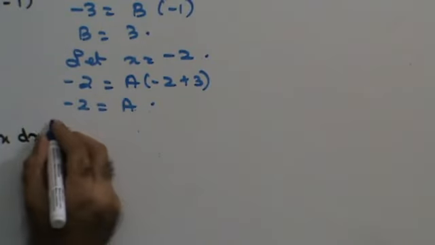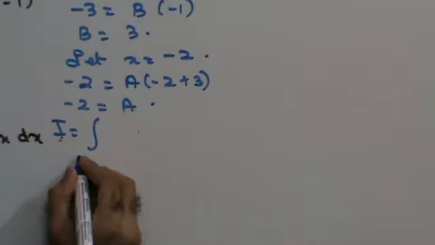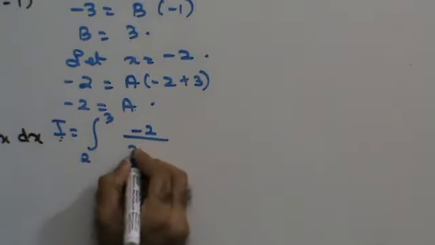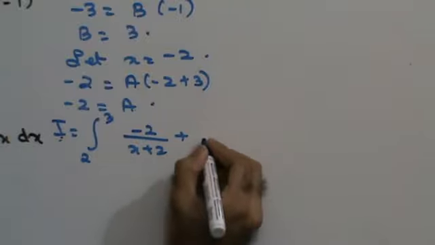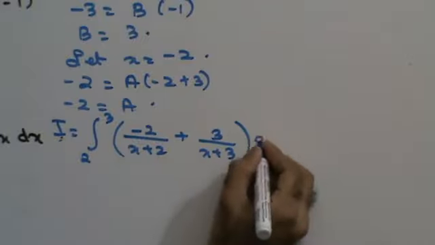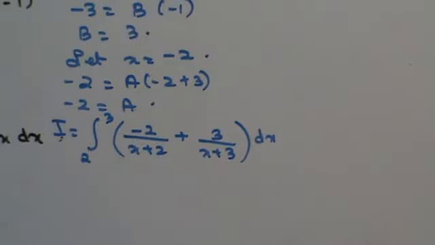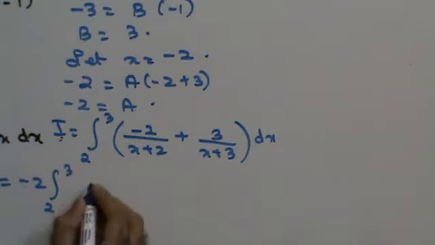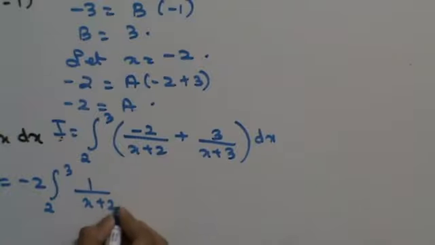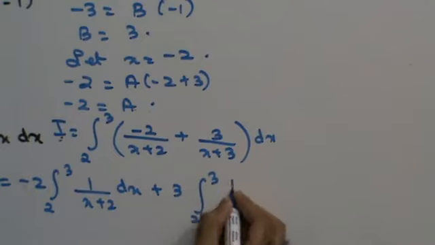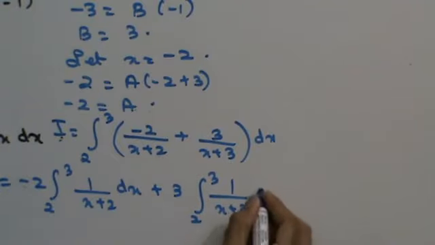Once I know this, I can say I is integral of 2 to 3 a, minus 2 upon x plus 2, plus b, 3 upon x plus 3 dx. Split the integral. This will be 2 to 3. Constant comes out, minus 2 out, 1 upon x plus 2 dx plus 3 integral of 2 to 3, 1 upon x plus 3 dx.